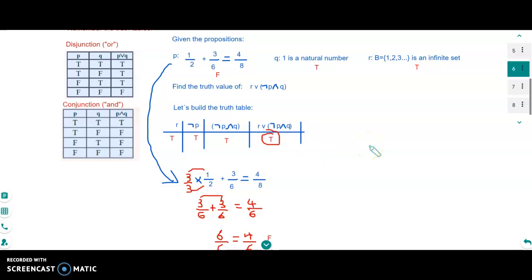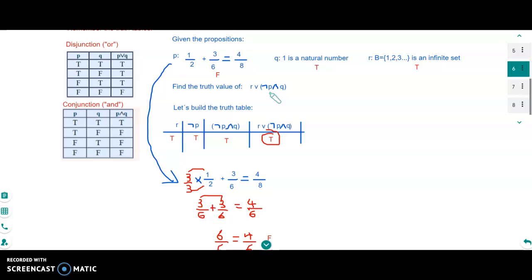So remember, this is not difficult, but we have to be very, very careful. First of all, we find the truth value of every proposition. We find if they are true or false. And if we have more than two propositions, like in this case, we have P, Q, R, we have to do it little by little. It's like the order of operations, PEMDAS.